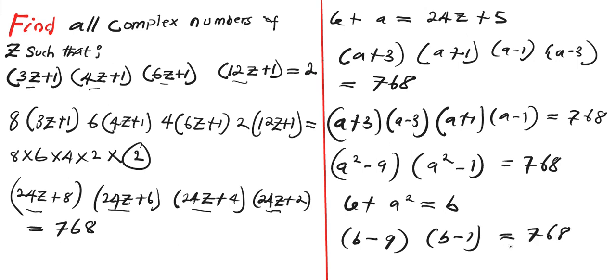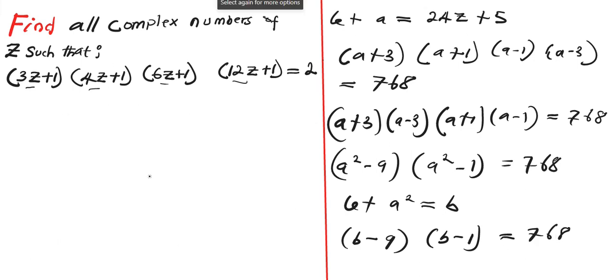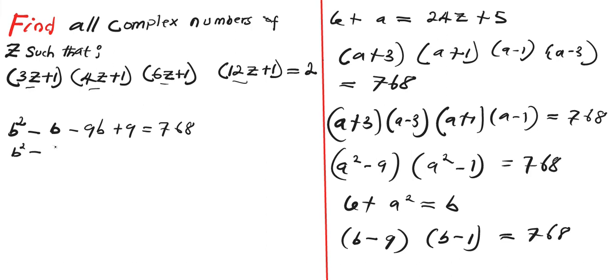Let's continue on this part of the board. If we expand this bracket, we're going to have b² - b - 9b + 9 = 768. So this will give us b² - 10b + 9 = 768.